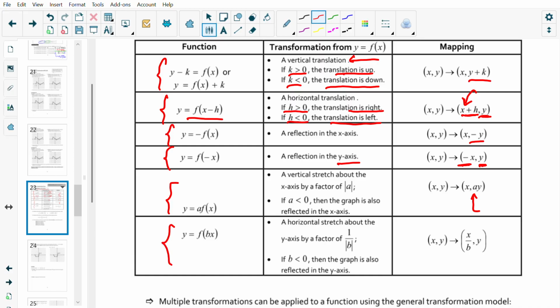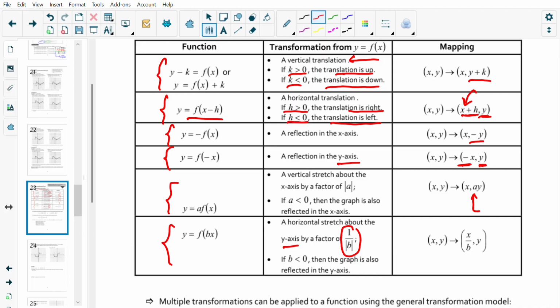Okay, y equals f of bx. This is a horizontal stretch about the y-axis by a factor of, okay, remember, b value, don't let this trick you. What you see is not what you get with the b value and the factor. The b value that you see is in the function that you're reading. So when you see the equation of the function in the correct format, that's the b value.